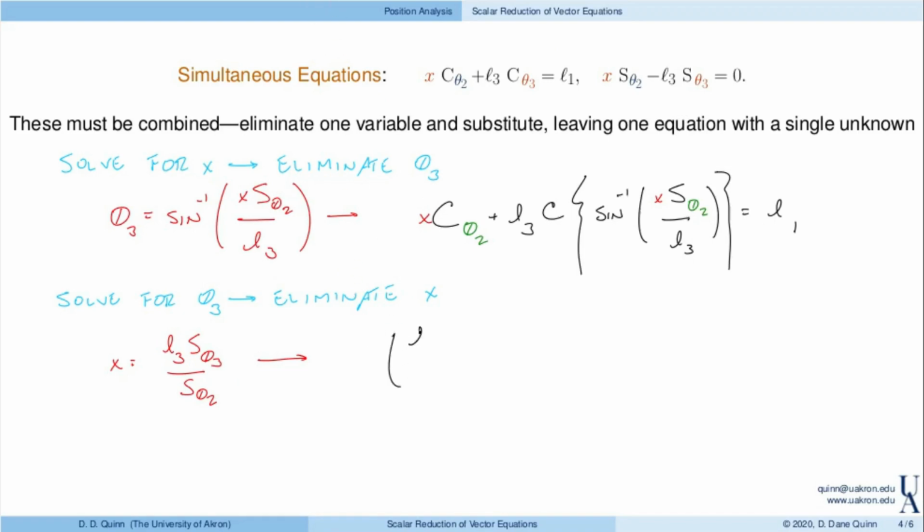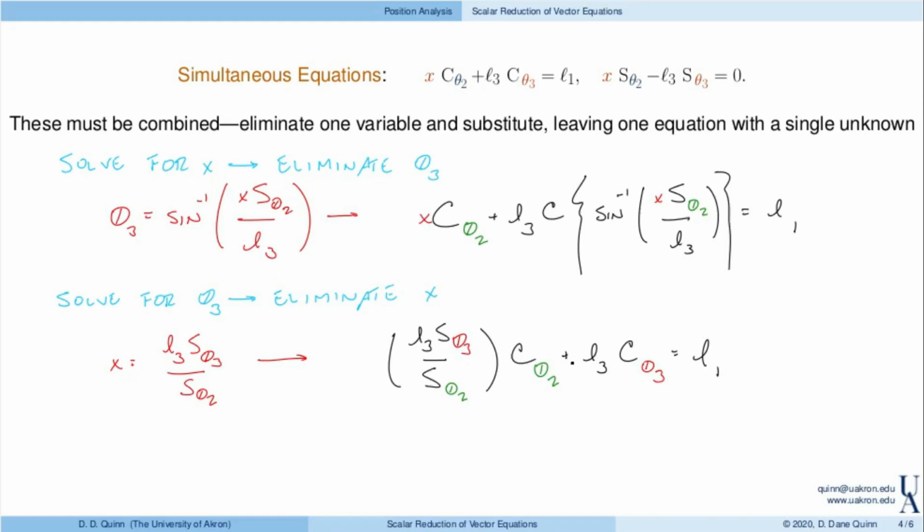Well, x, which is L3 sine of theta 3 divided by sine of theta 2, times cosine of theta 2, plus L3 cosine of theta 3 equals L1. This is a little bit easier to solve. Turns out, we could use some angle addition formulas and that kind of thing, and solve this for theta 3.